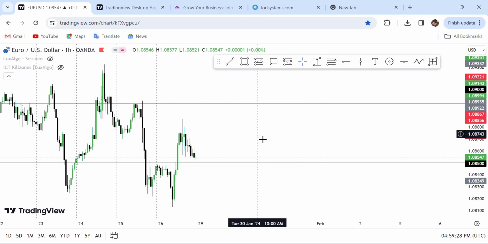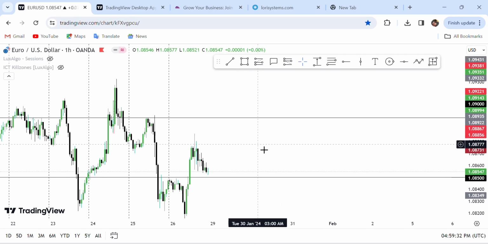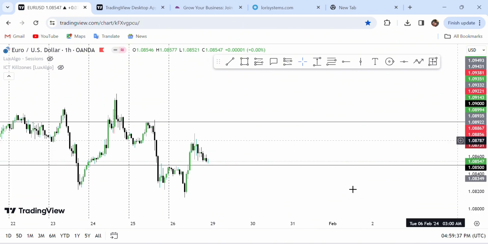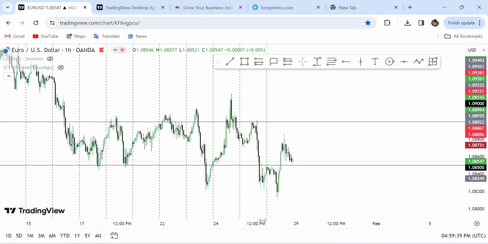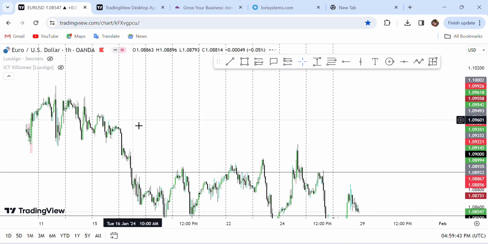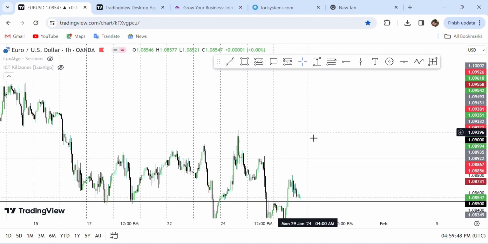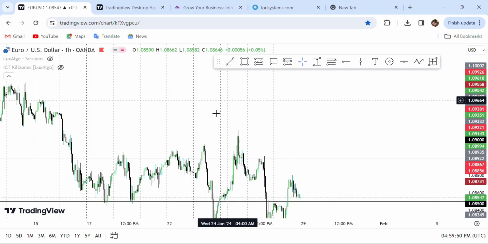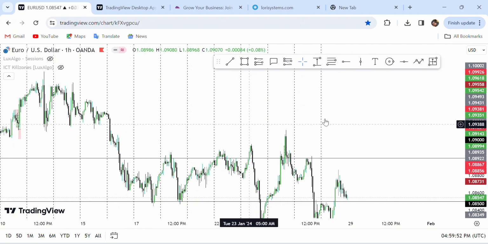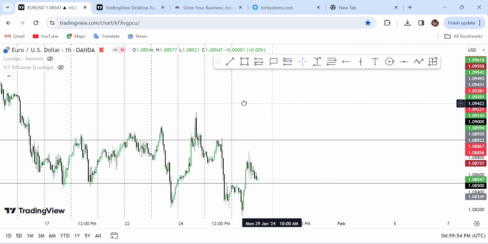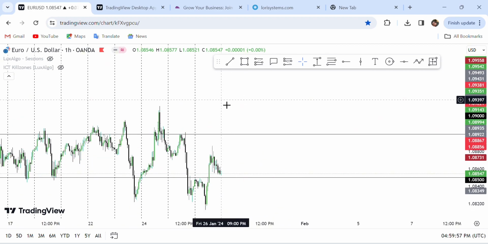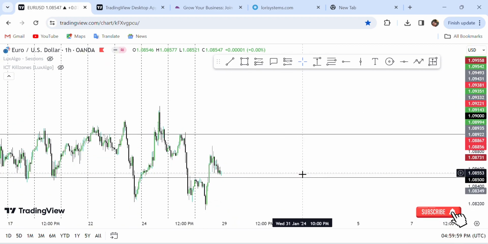Now we are going to keep doing this till we get to a place where price has been trading around. We can see that price has been trading from an uptrend, and we are currently in a downtrend, so let's put some more lines straight up to this part so that we can have a better idea of what I'm trying to teach in this video. We are currently at 1.0900.